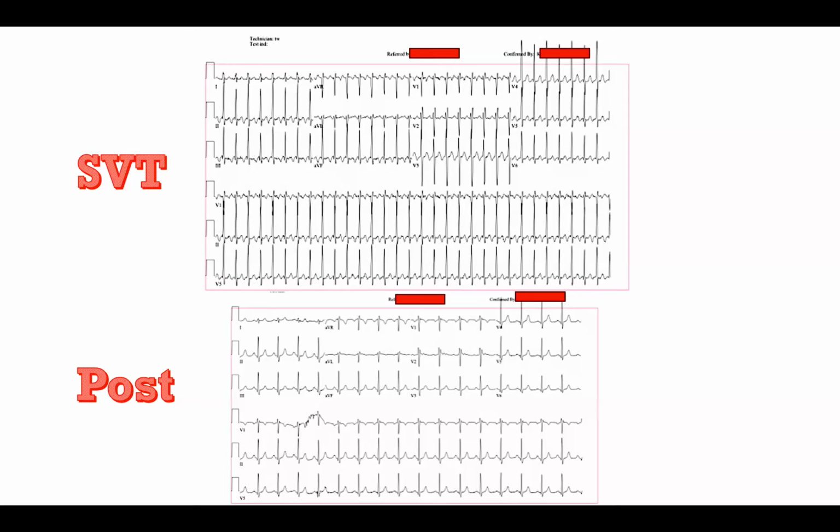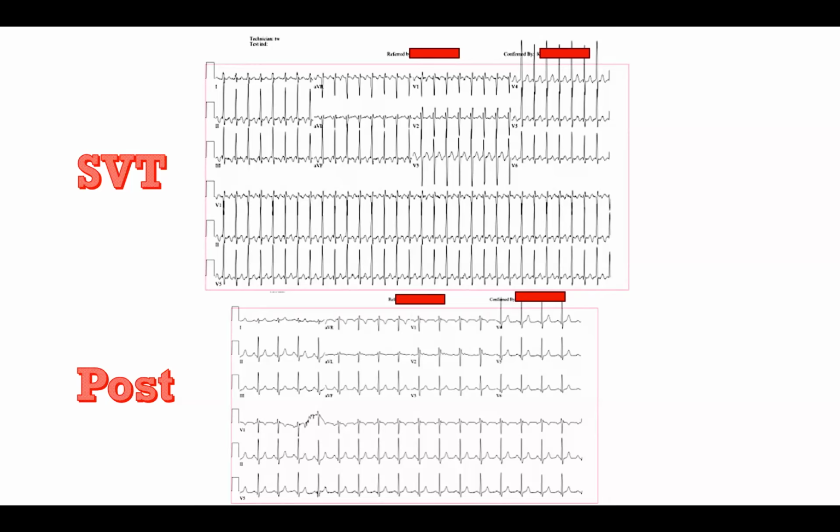I can take a guess. Looks like, as you said, it's a heart rate of about 190 in a 17-year-old, so that's pretty fast. Looking at the overall morphology, the axis looks similar. I don't see P waves. What I'm trying to better delineate is whether there's a short RP or a long RP.